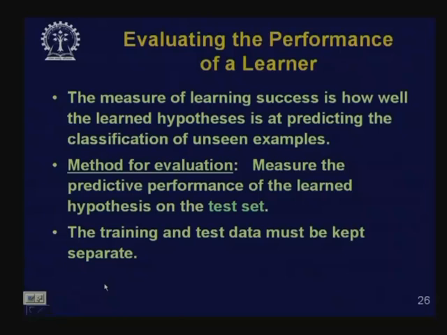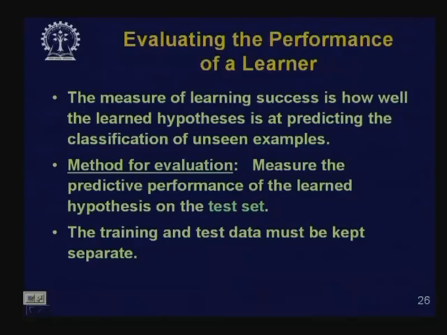Now, how do we measure the success of a learning algorithm? We have to measure how well the learned hypothesis predicts the classification of unseen examples. Now, how do we evaluate therefore a classifier? So, we have to measure the predictive performance of the hypothesis.